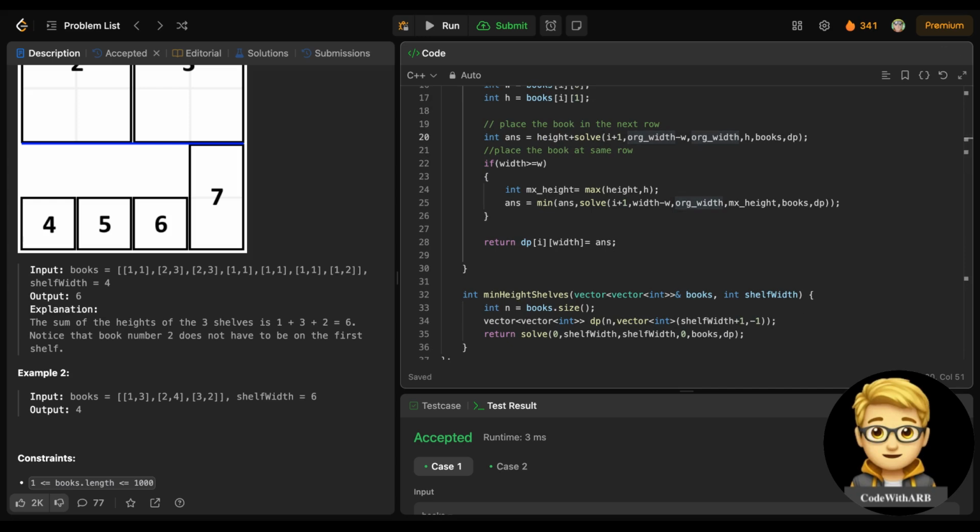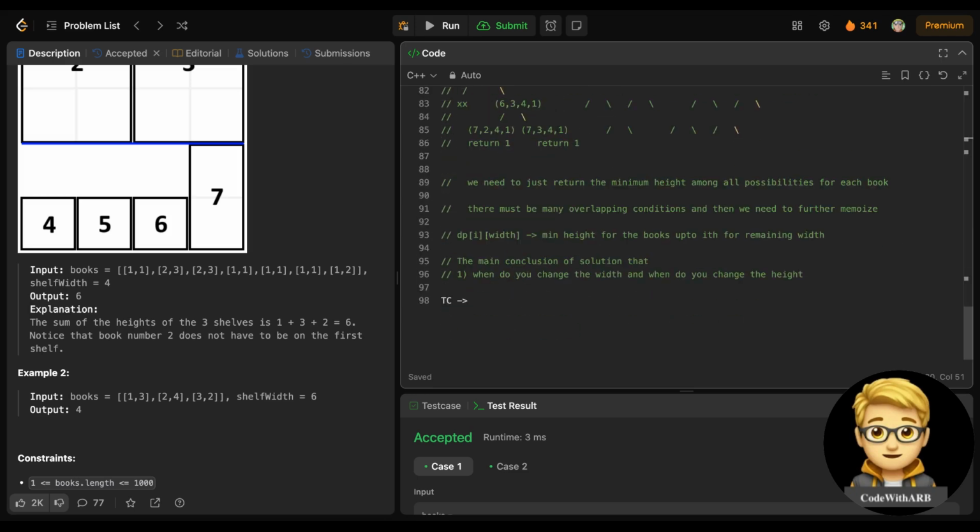Because we are iterating for each width and each book. N is the number of books given, and W is the width of this bookshelf, which is given, right?